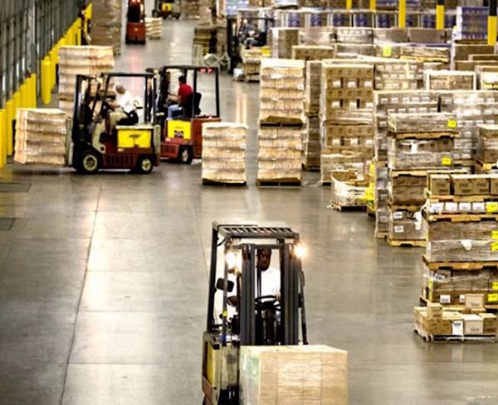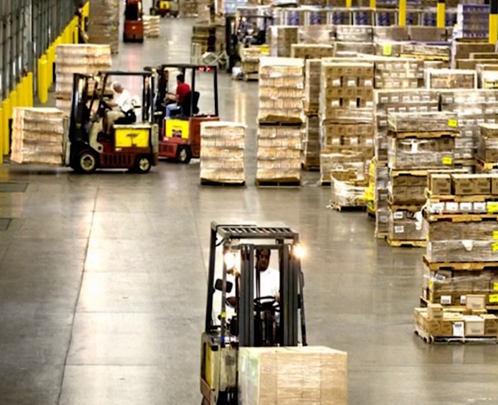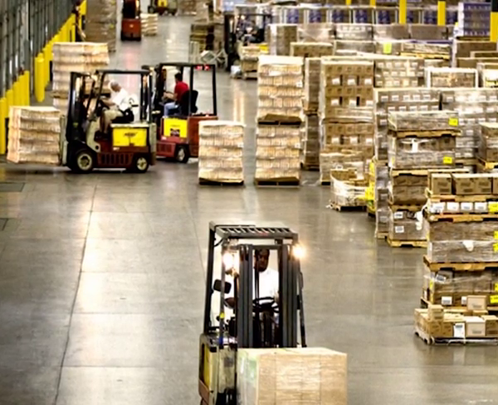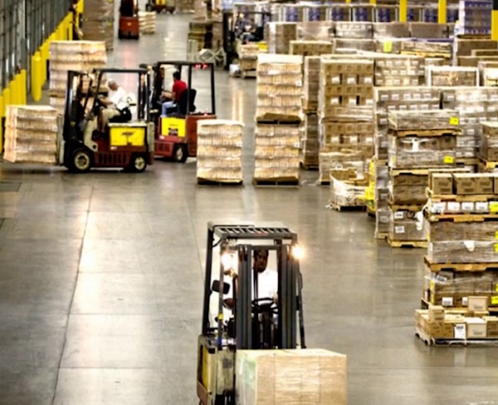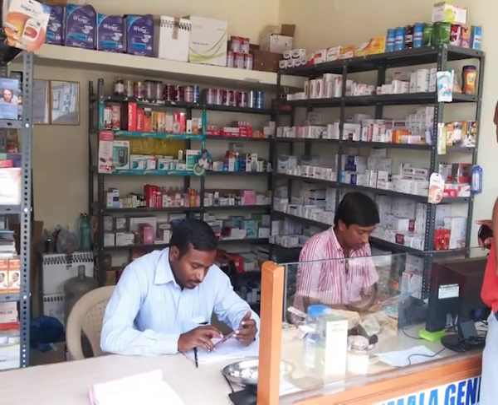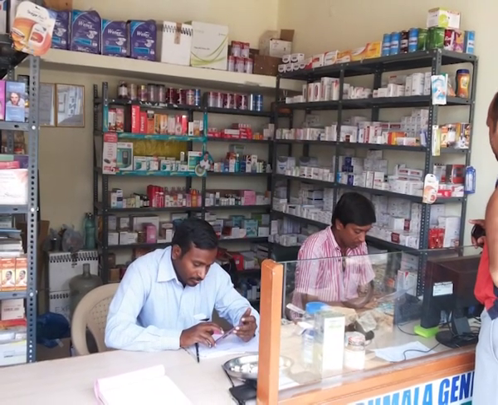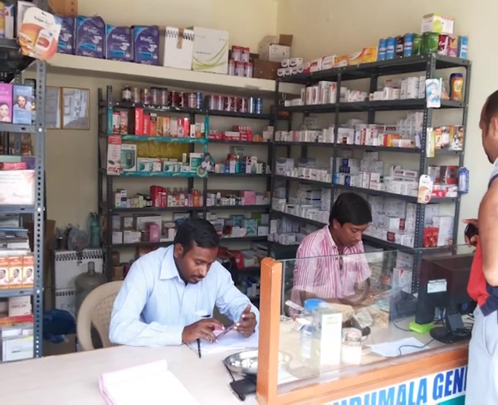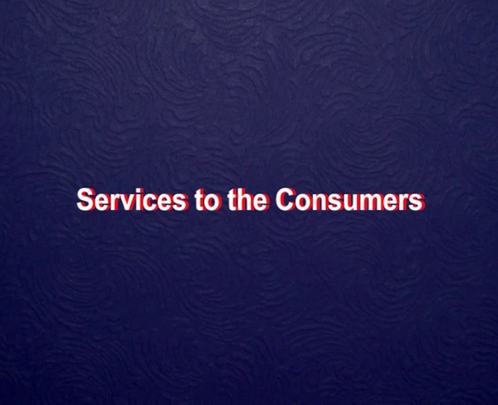They take over the function of dealing with a large number of persons and selling goods in very small quantities, thus relieving wholesalers from this job. Without the services of the retailers, it is not possible to introduce a new product in the market. They provide the latest information with regard to taste, fashion and demand of the consumer to the wholesaler, who in turn transmits the same to the producers.